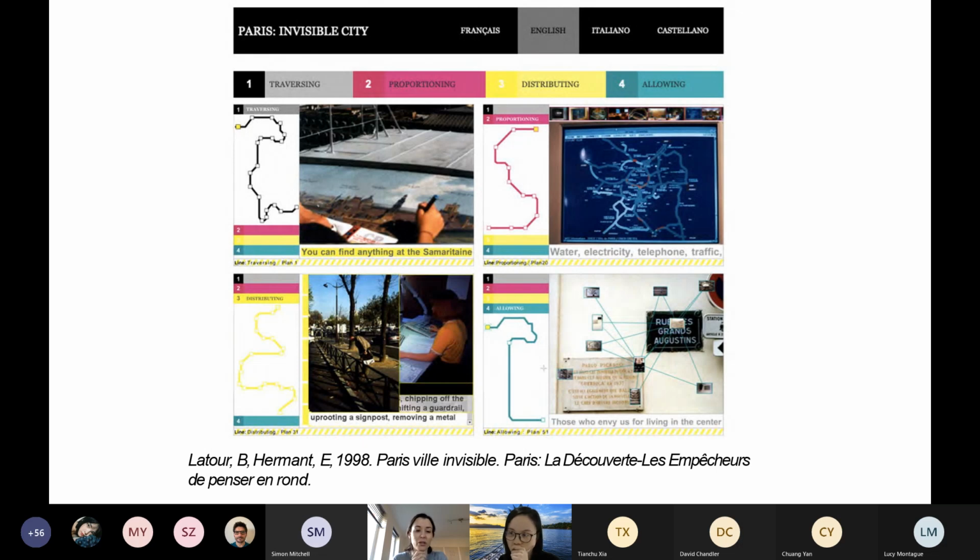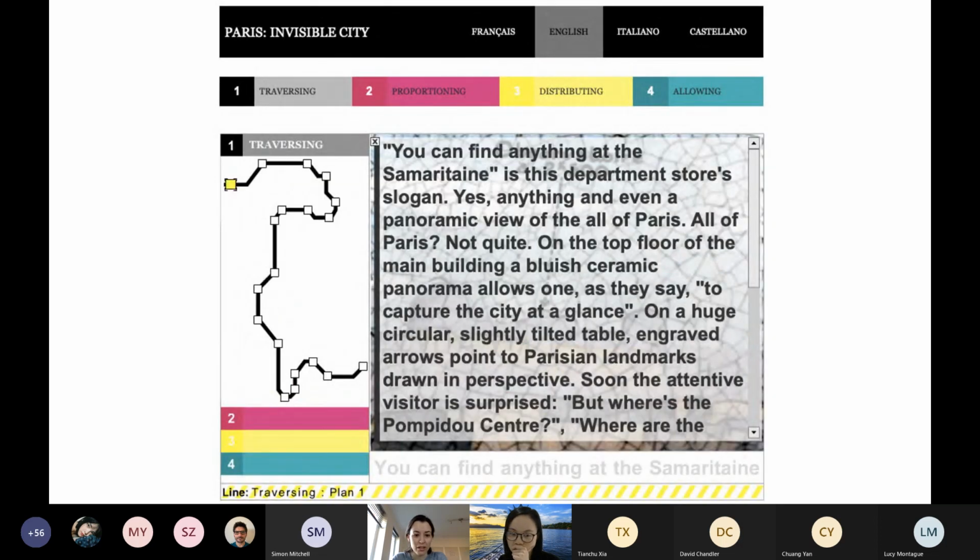Maybe on PCs it still works. But this is also a good example of how to describe what happens in a city. It's based on a set of movements, a set of moves. So moving from one location to another, and from one mini story to another. And all of these are connected together, and they speak of a particular process that takes place in Paris.